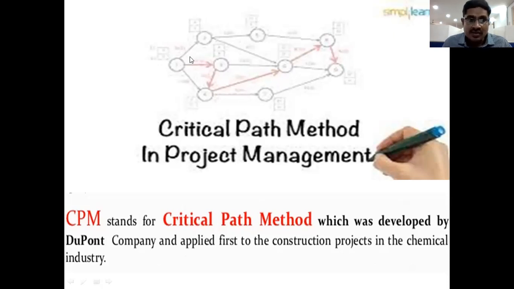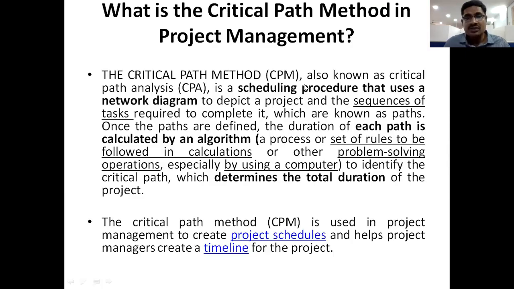Once again: one path, and from this point again here, this is the second path, this is the third path, fourth path, fifth, and finally from starting to ending, this is the sixth path. So in this simple diagram, we have six paths, right?